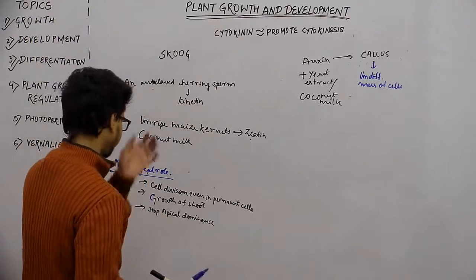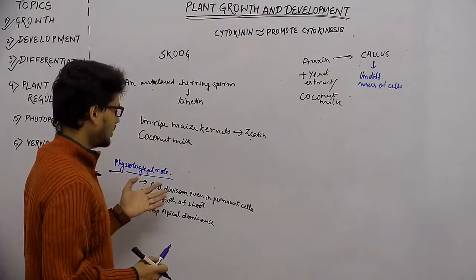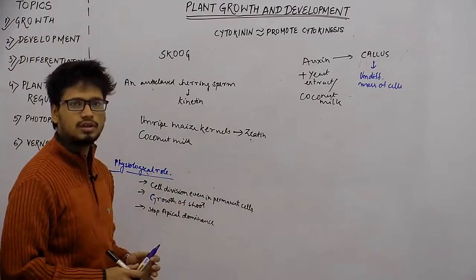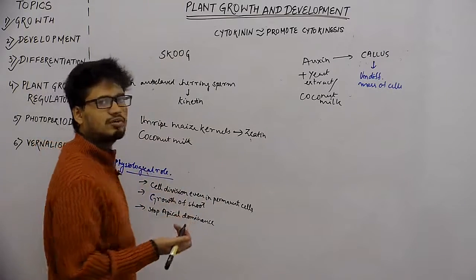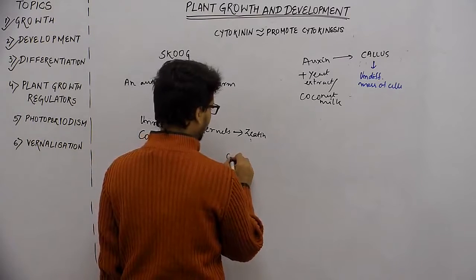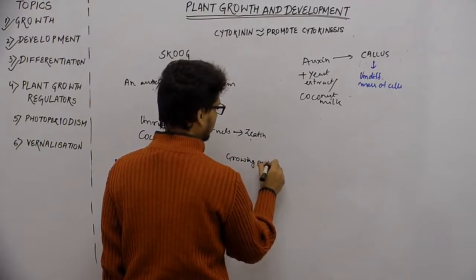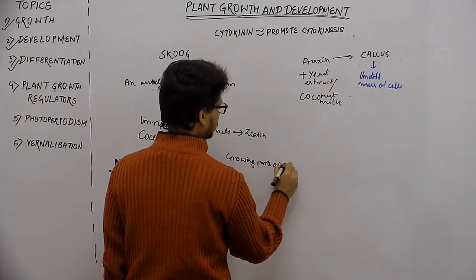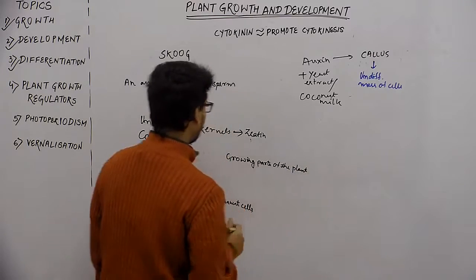Okay. So cell division is as such very important for the growth of a plant. So this shows that if we need to find cytokinin, it will obviously be found in the growing parts of the plant. Okay, there you are likely to find cytokinin.